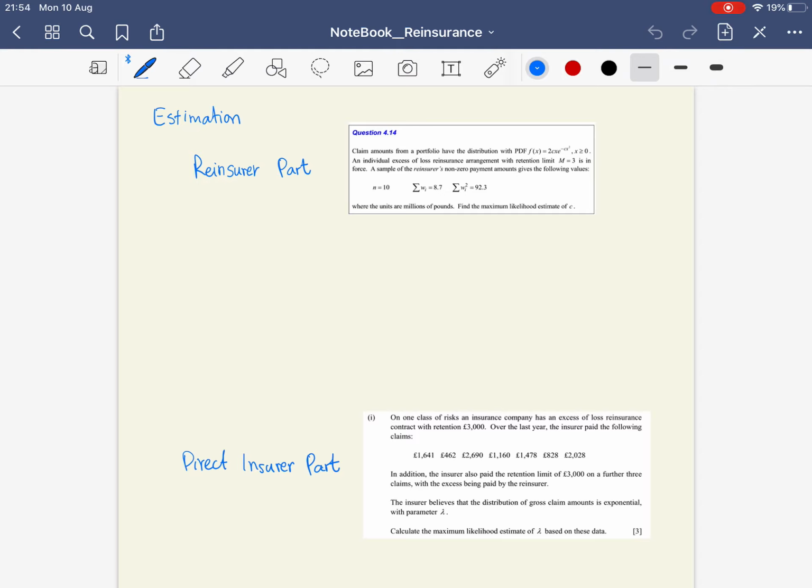So when we estimate the parameter using the claims that the reinsurer experiences, we have to use the distribution of W, the distribution of the reinsurer's claim, and this is what we have done in the first part, okay?